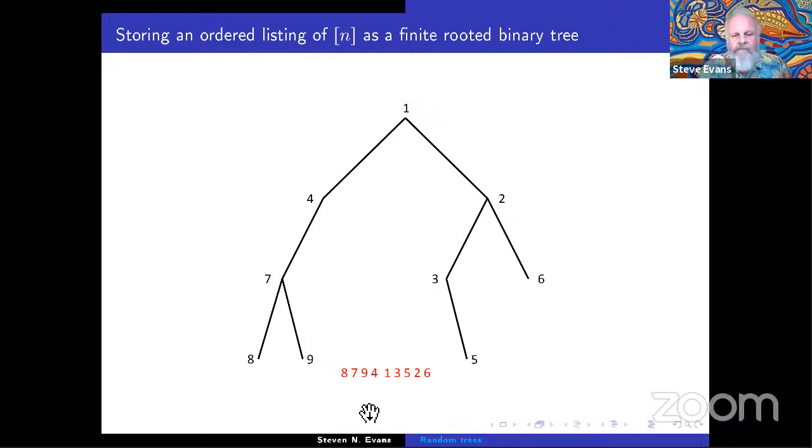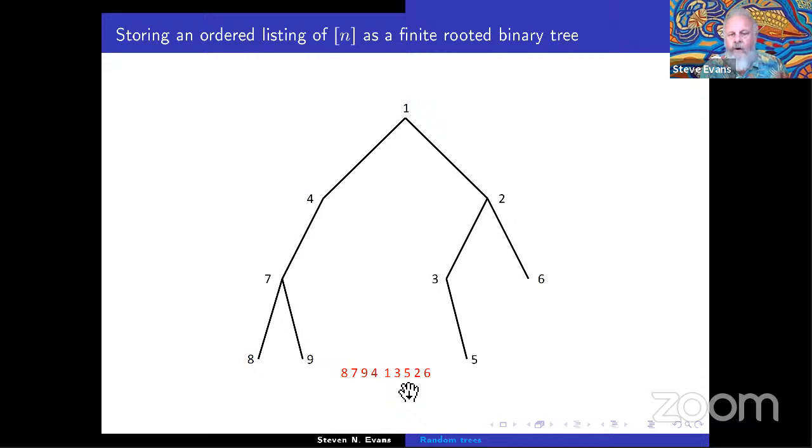And so suppose we've got an ordered list of the numbers 1 up to 9 like this. Then we can store that in a binary tree by the following mechanism. We take the smallest number and put it at the root of the tree like this.